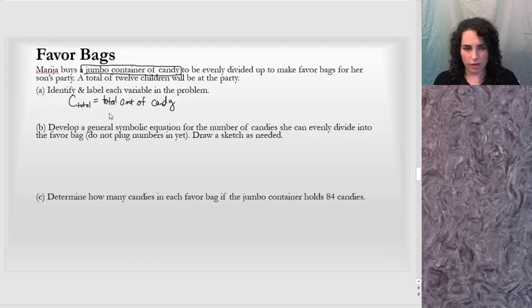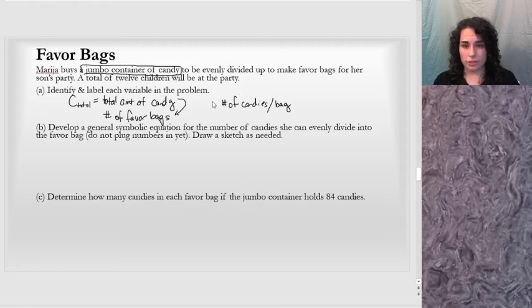The number of favor bags is going to be 12. And so the total amount of candy will be divided up evenly to those number of favor bags. So it seems like we need another variable. That's the number of candies per bag.